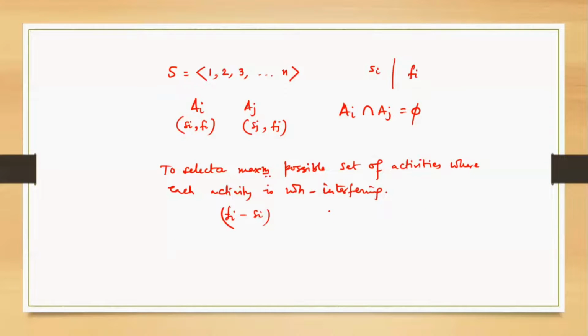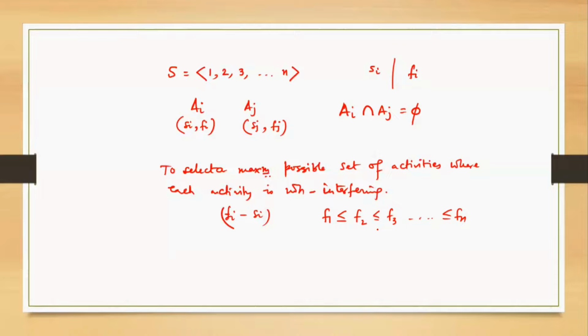That means F1, the finishing time of activity 1, A1 is chosen if and only if its finishing time is less than or equal to F2, less than or equal to F3, less than or equal to and so on up to F of n. That means increasing order of their finishing time. Okay, so this proposal is now accepted.